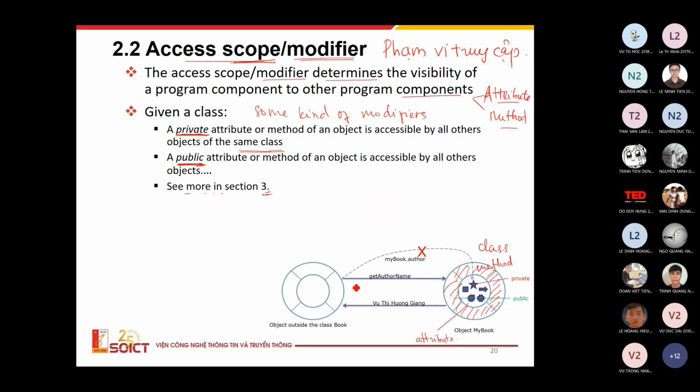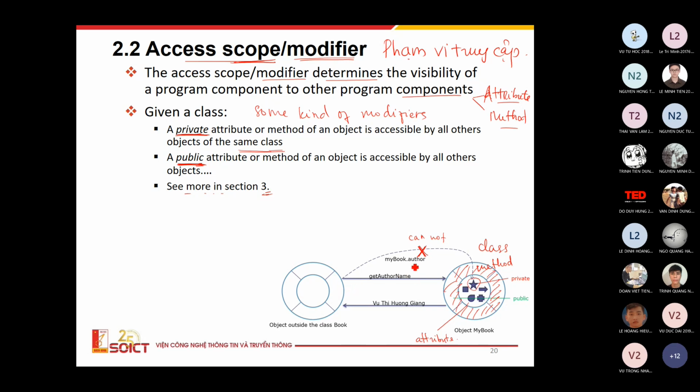And for example, you want to access this attribute, which is called author, for example. Because the author here is encapsulated as a private attribute, you cannot access it directly like this. So here is not okay.